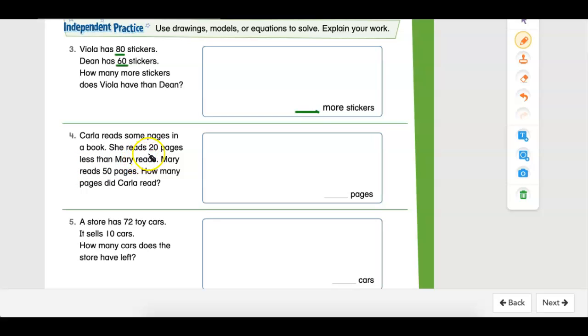If Carla reads 20 pages less than Mary, and Mary reads 50 pages, how many pages did Carla read? Show your work in the space provided, then write your answer for how many pages Carla read.